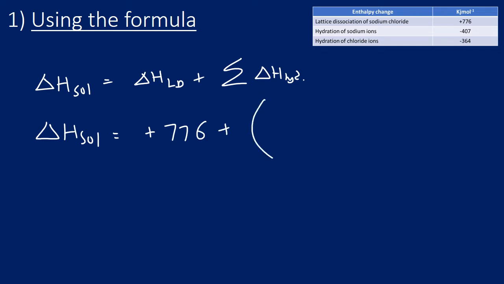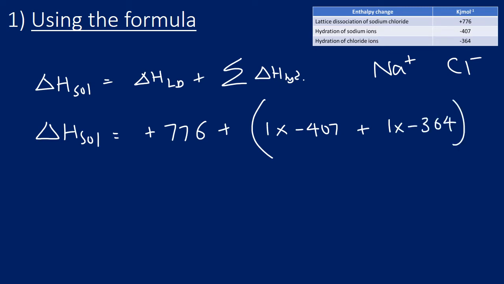Now sodium chloride is going to involve one sodium ion and one chloride ion. So it is literally 1 times minus 407 plus 1 times minus 364.